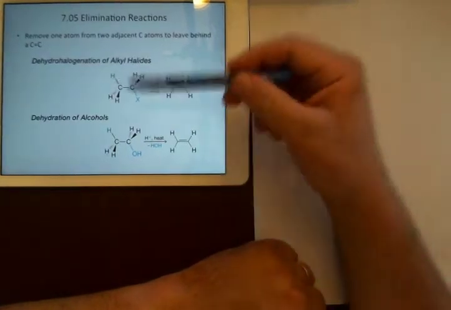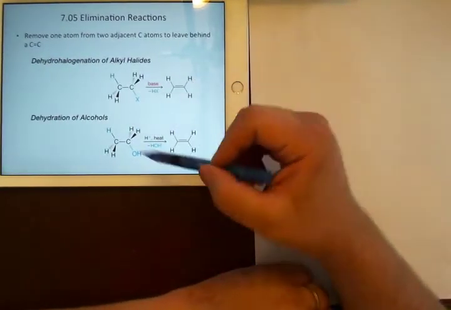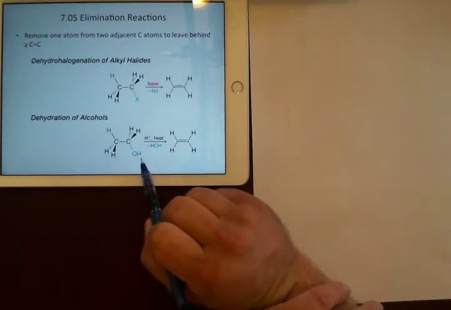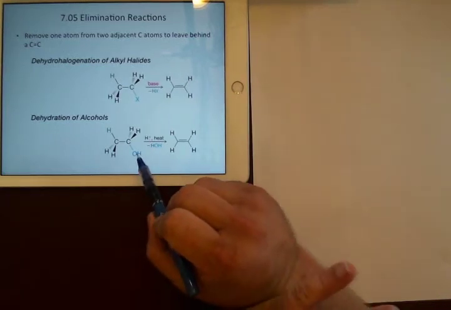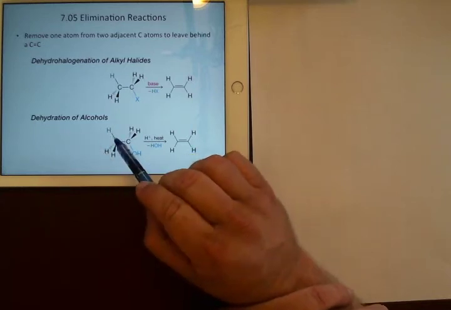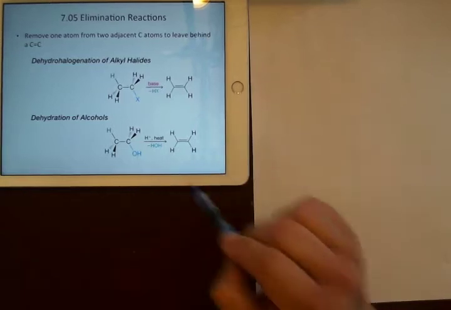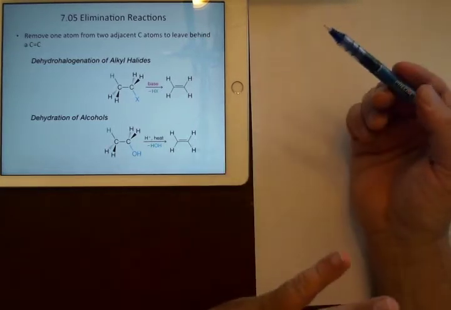The other way is essentially the same thing: if you add an acid, you can turn the OH into a good leaving group. This hydrogen gets ripped away, these 2 electrons collapse down, and the leaving group leaves as water after it's protonated.